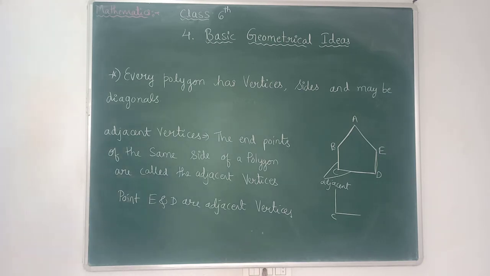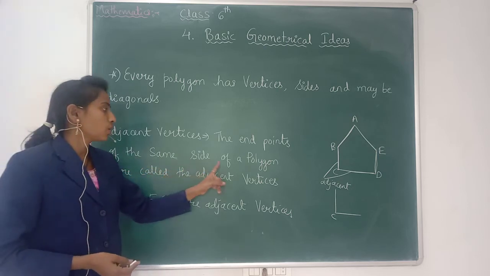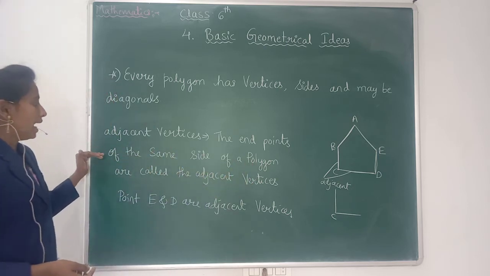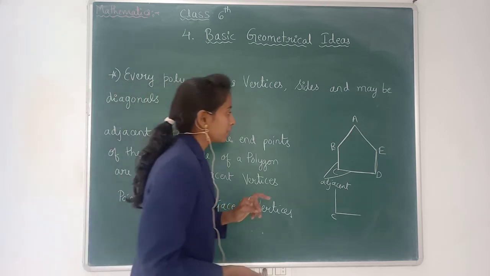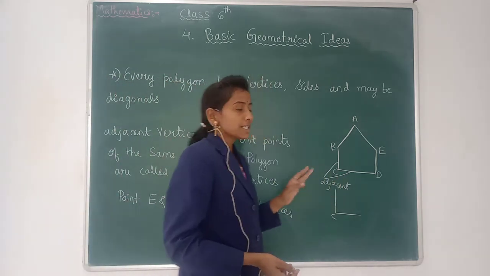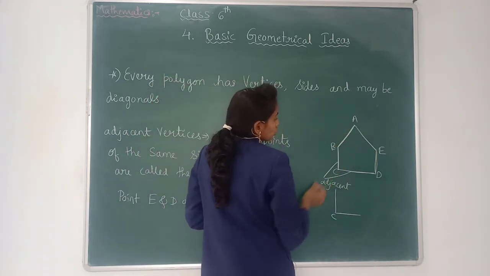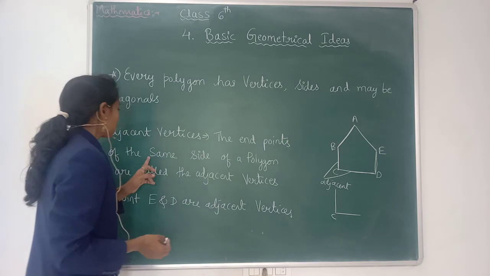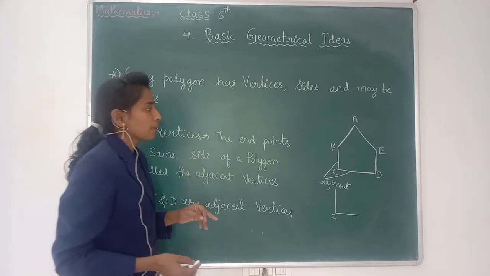Next is adjacent vertices. The end points of the same side of a polygon, the ends of the same side of a polygon, are called adjacent vertices. Consider any side, take AB as the side. So the ends of the same side of a polygon.